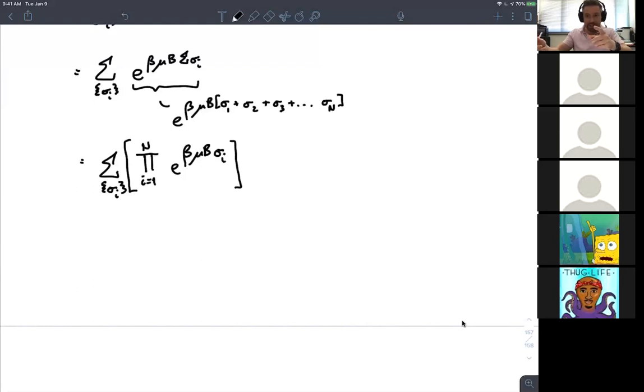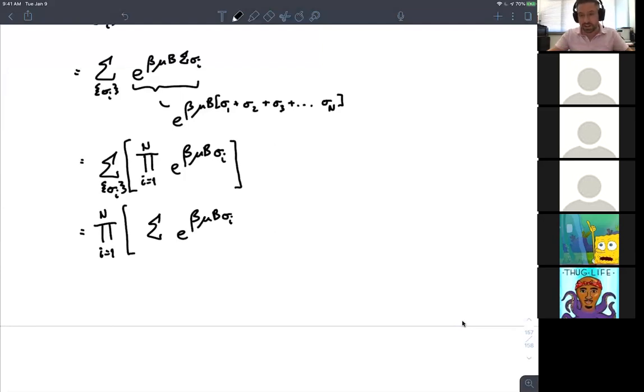You get exactly the same thing if you take a product of sums. So I can swap these two, I don't know what you call these things out front, operators? Not sure. I'm going to write this now as just product from i equals 1 to n, and then I sum e to the beta mu B sigma i.